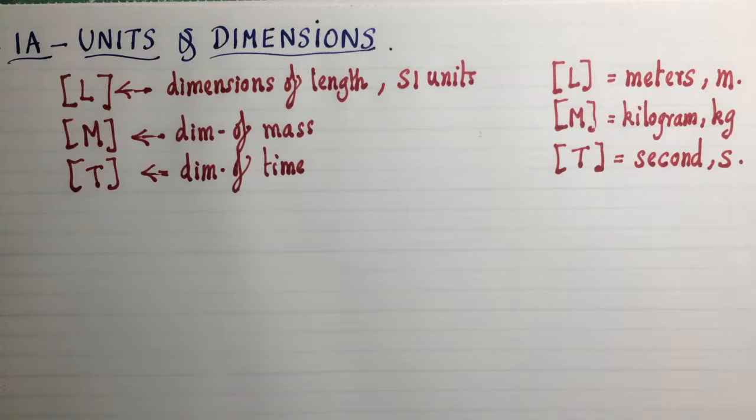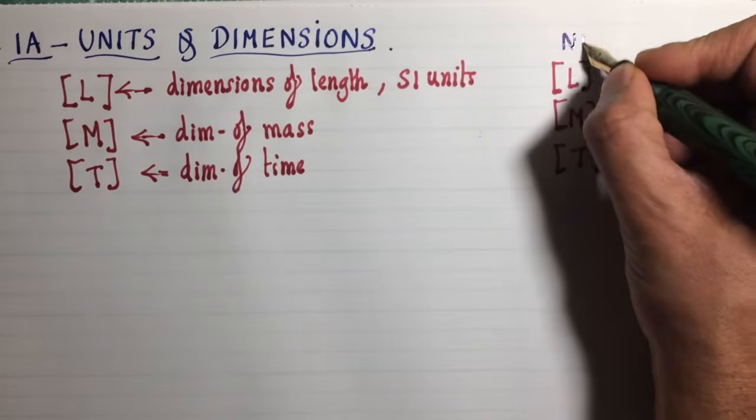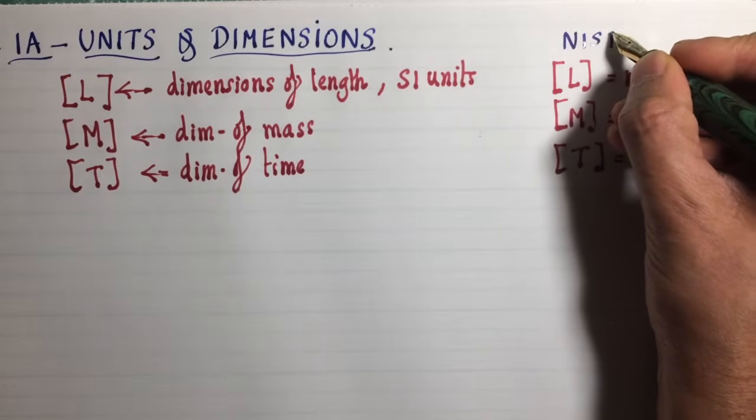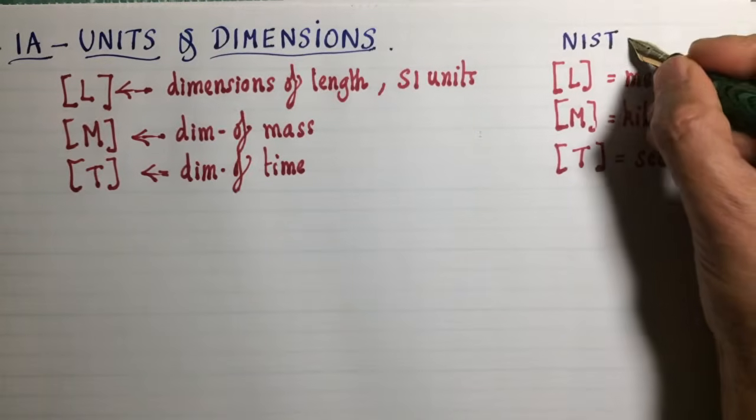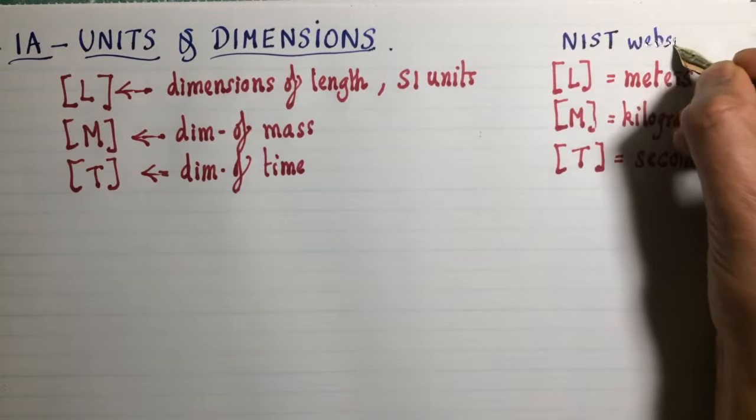Now you can look up the way these basic units are defined in terms of fundamental constants of nature and so on in various websites, including the NIST website, which is highly recommended, National Institute of Standards. So the NIST website has listings.